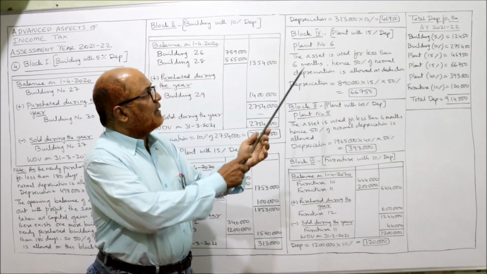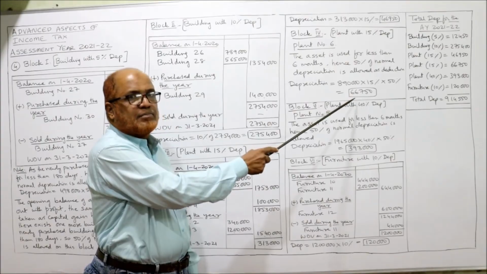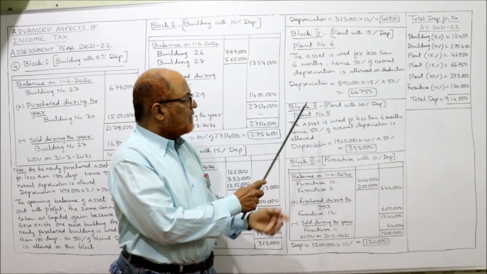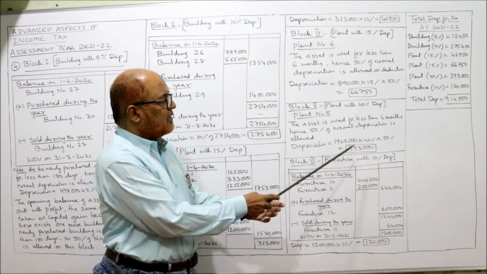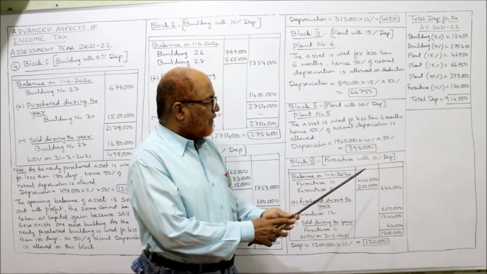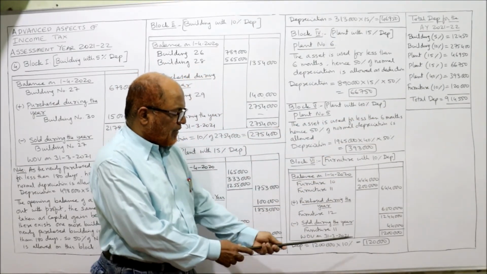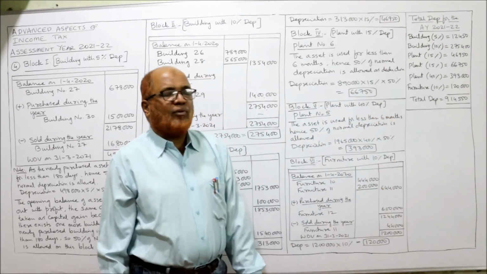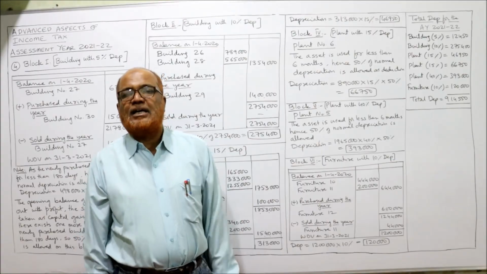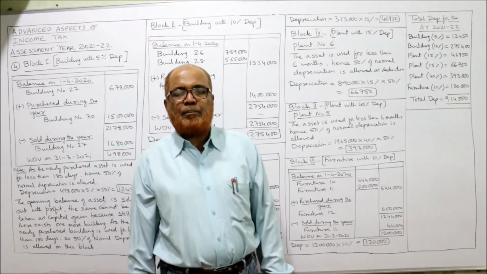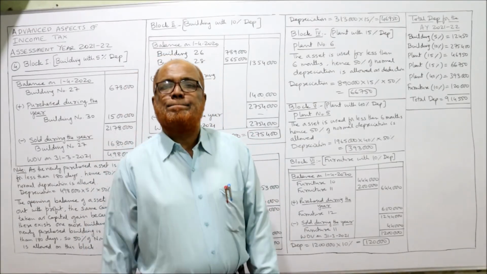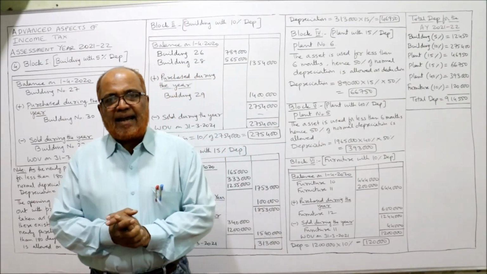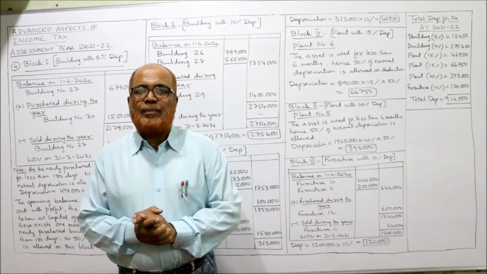Then plant with 15% depreciation used less than 6 months, 66,750. Then plant with 40% depreciation, 3,93,000. Then furniture with 10% depreciation, 1,20,000. Take the total, 9,14,550. This is the total depreciation as per the provisions of the Income Tax Act. So this is the end of problem number 4.